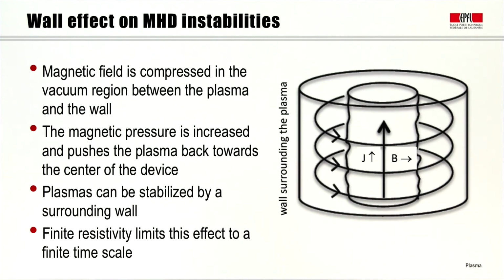The magnetic pressure is increased, and that pushes the plasma back towards the center of the device. This tells us the plasma can be stabilized by a surrounding wall. However, this effect is limited by the finite resistivity of the plasma and of the wall, and so this effect only lasts over a finite time scale.